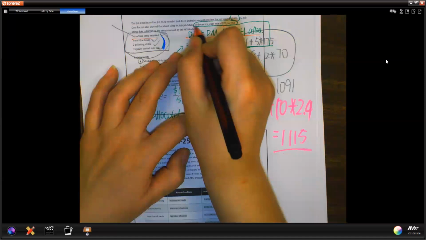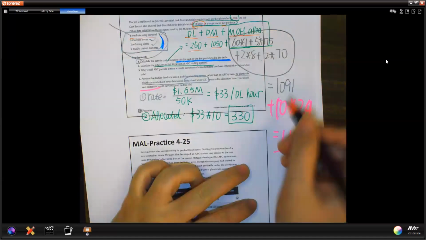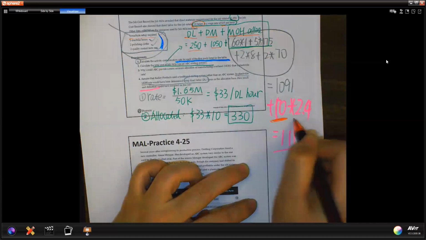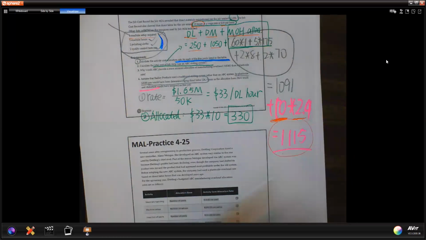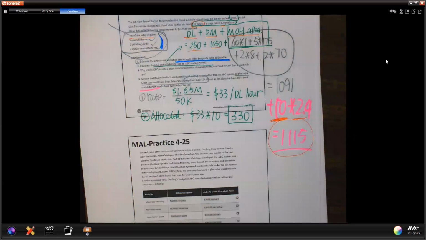The actual direct labor hours are 10 hours, so we have to multiply 10 times this 2.4 rate. So that gives you allocated manufacturing overhead. Then you add your direct labor and your direct material, and you will get the cost of this job.